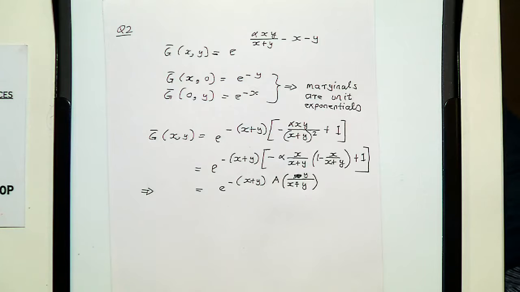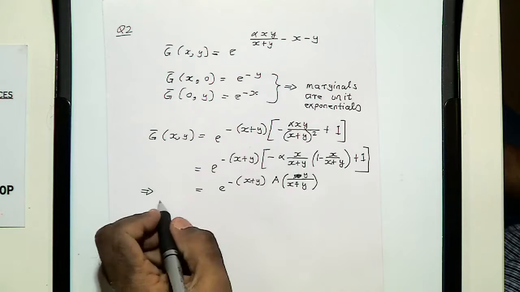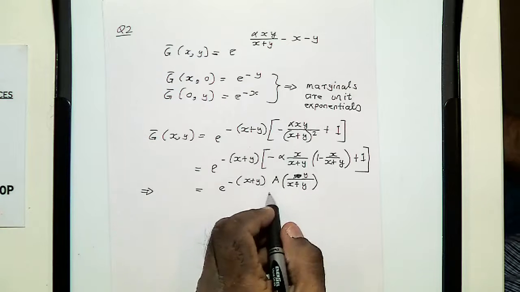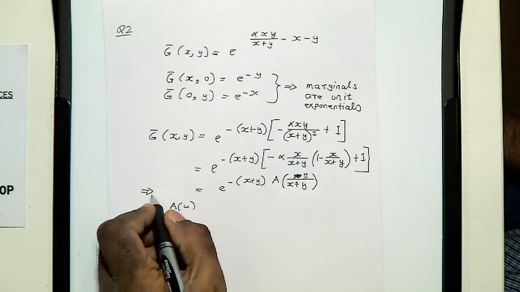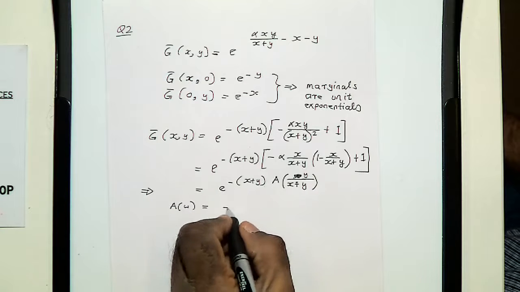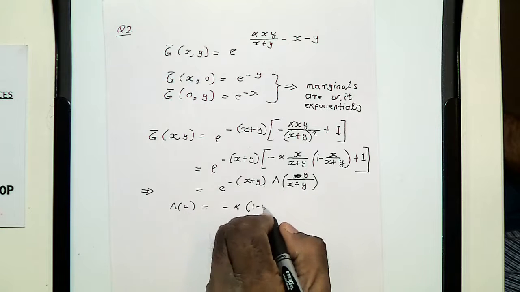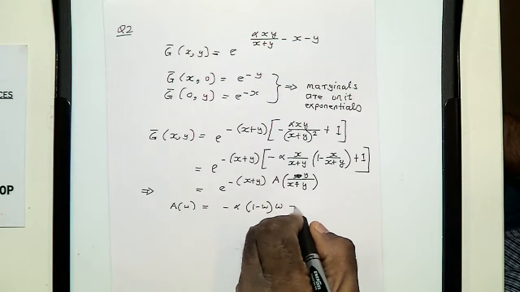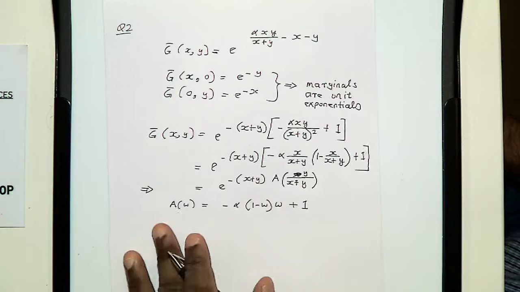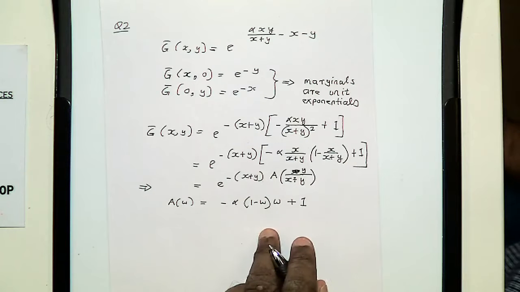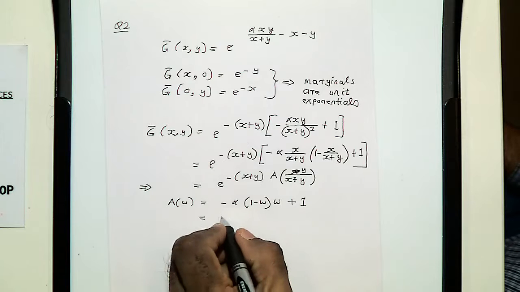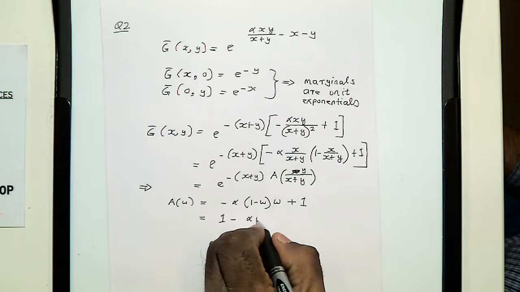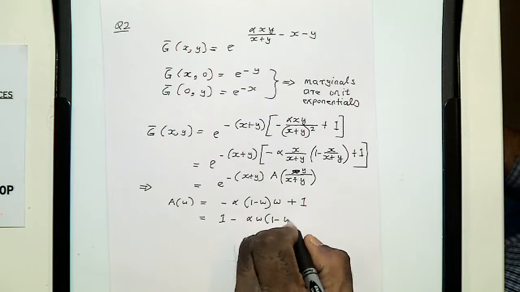So it must be in this form. So your A function must be 1 minus alpha omega, 1 minus omega. Alright, so this is your A function.